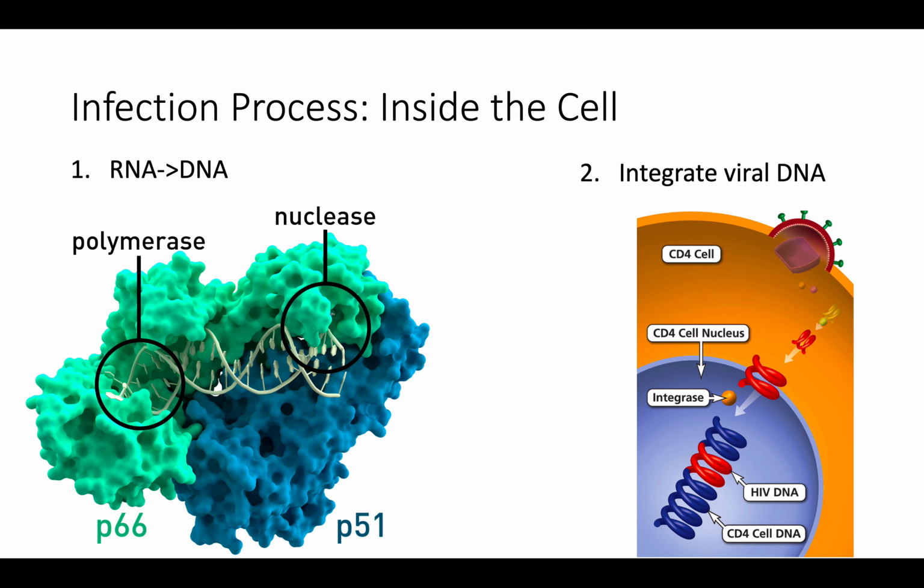So HIV, being a retrovirus, all retroviruses do this. They come into the cell, they use reverse transcriptase to turn their RNA into DNA, and then they use an integrase, as you can see on the right, to embed the DNA in the host cell, and eventually it will be activated by any of a number of factors.